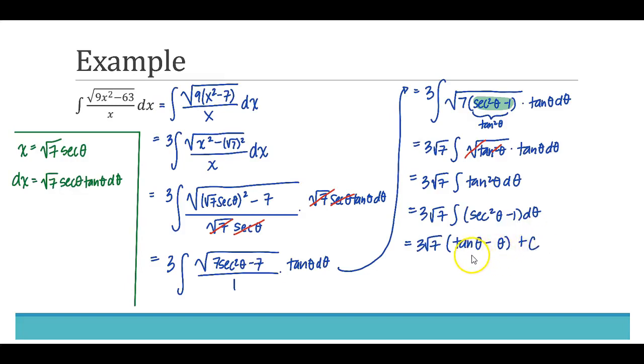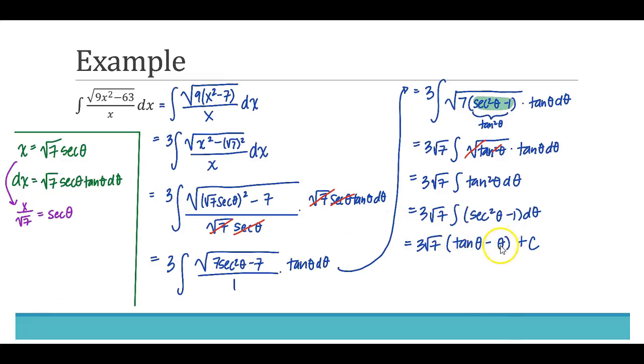So the only thing left to do now is to turn our thetas into x's, because that was the original variable. So we come back over here, and we can go ahead and write this as x over radical 7 is equal to secant theta. And this is going to be something new that we do. We are going to draw a triangle eventually in a second to rewrite tangent theta, but we also have this theta here.